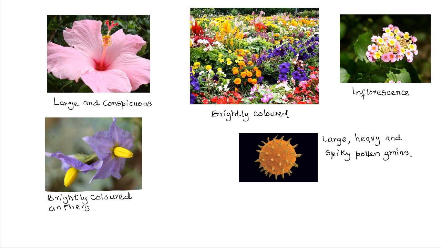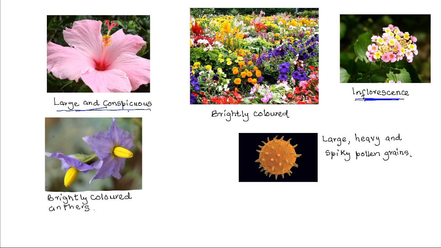One, most of them are large and conspicuous with brightly colored petals to attract insects, like in this particular flower here. Or if they happen to be small, then they occur in clusters that form an inflorescence, like in this example.